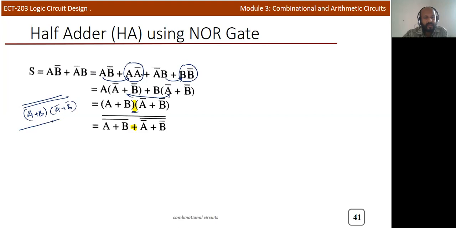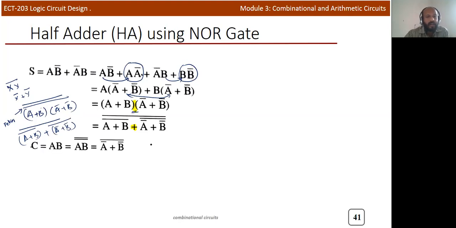So we'll keep the first NOT like this, then we will apply De Morgan's theorem to the second. So we need to apply De Morgan's theorem here. For example, X into Y the whole bar is equal to X bar plus Y bar. So if you apply that, you will get A plus B is one term, and A bar plus B bar is equal to Y bar. Okay, so you'll get this equation.